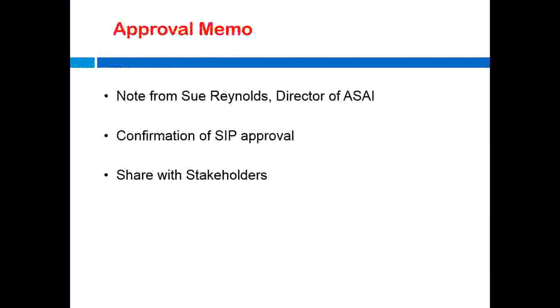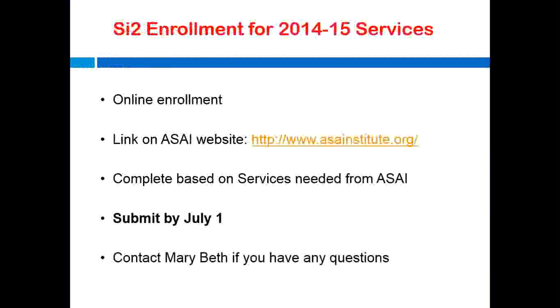This describes the approval memo. Okay, and then the final task for June is to complete your SI2 enrollment for your 2014-15 SI2 services. The enrollment this year is online. There is a link on the ASA website.